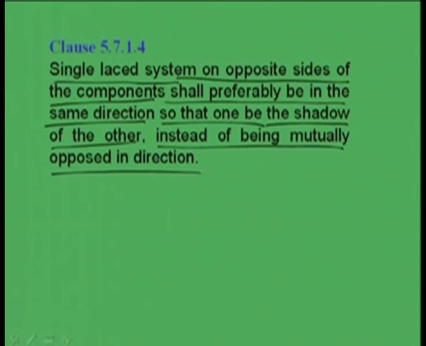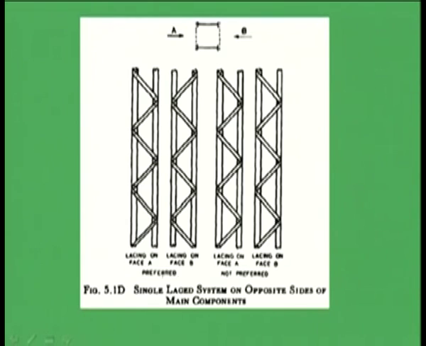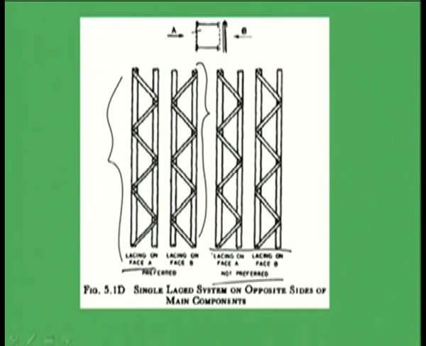That means, say for a single lacing system with AA side and this is BB side, if lacing on face AA is like this, then lacing on face BB should be like this, just opposite to this, but not like this, not exactly similar.